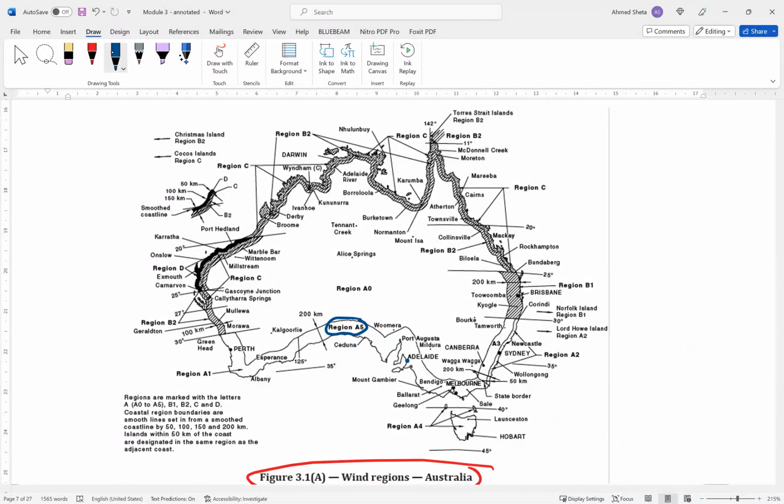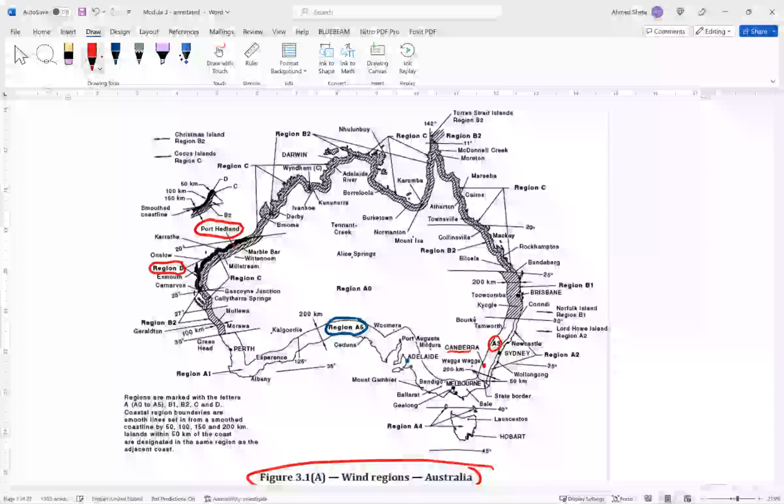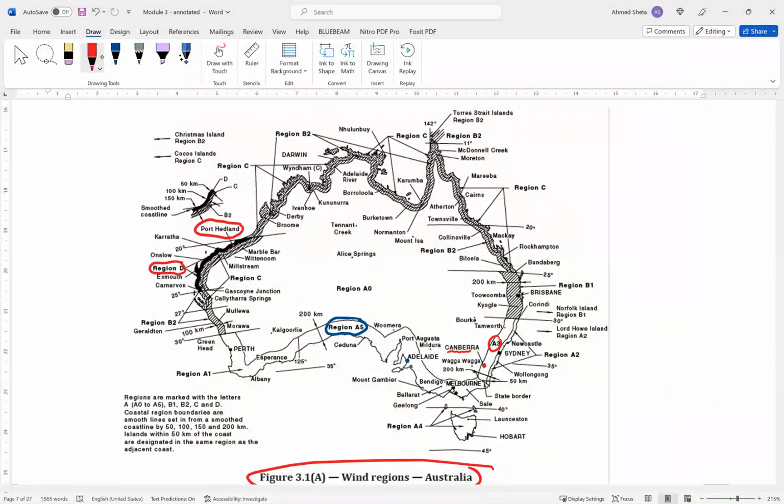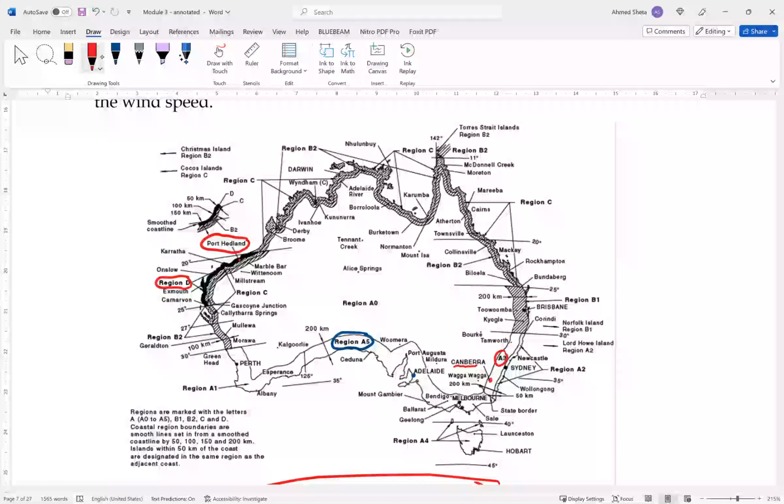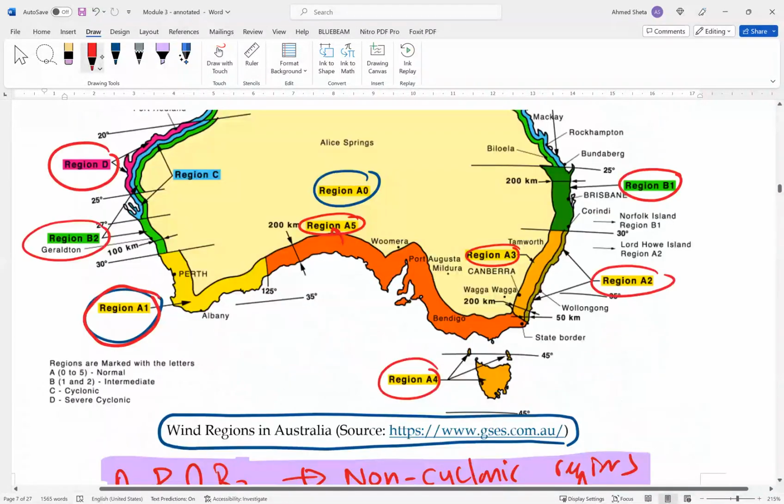If we are looking at Canberra here, it is in region A3. And here, for example, Port Hedland, somewhere here, it is in region D. So you can find the city or the building location using this map or the colored map here. Both are the same.